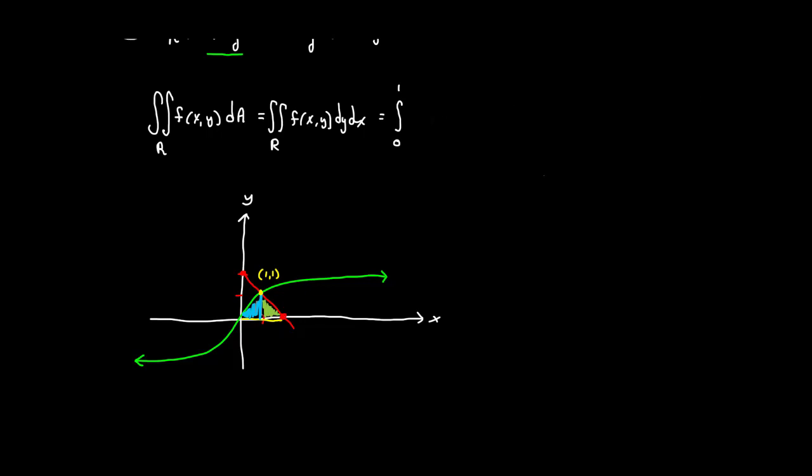So y equals 0 is the bottom, and that is going to continue up to y equals the green curve. This curve here is x equals y cubed, and so y is the cube root of x. So that's going to help us with our bounds. So at the lower bound, it's y equals 0, and the upper bound is the cube root of x. And that's f of x y dy dx.